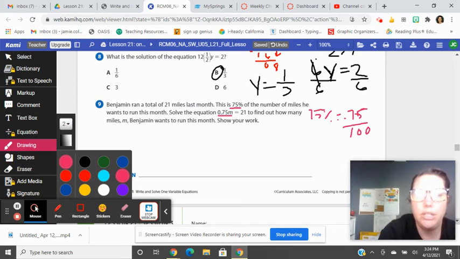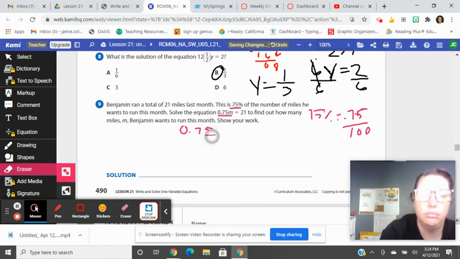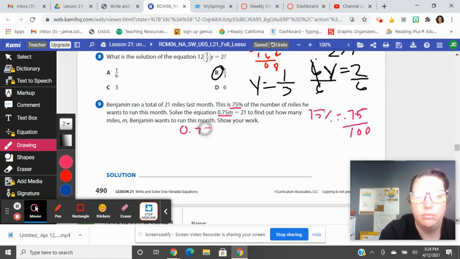So we have 0.75m, which is equal to 21. Okay, let's go ahead and use inverse operation.